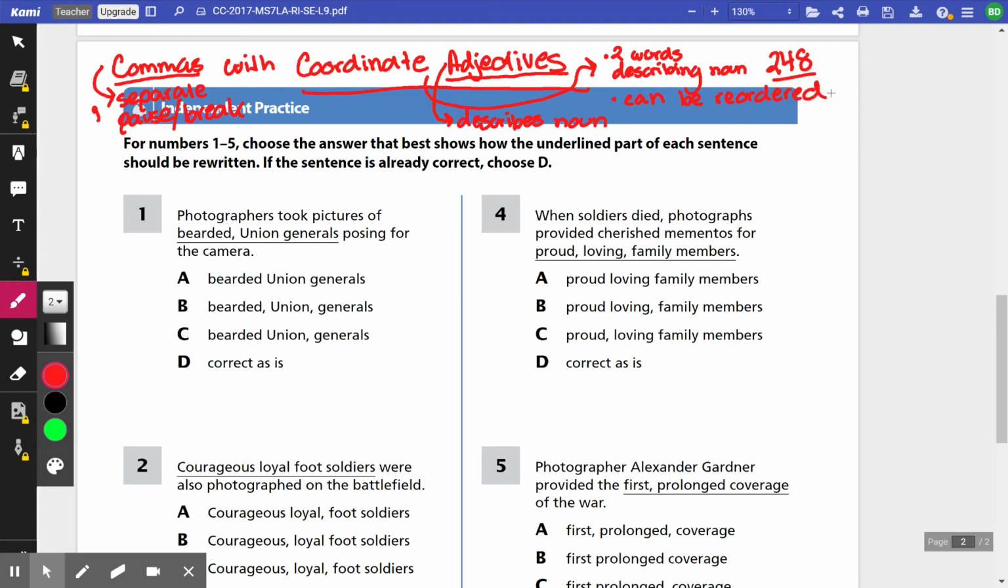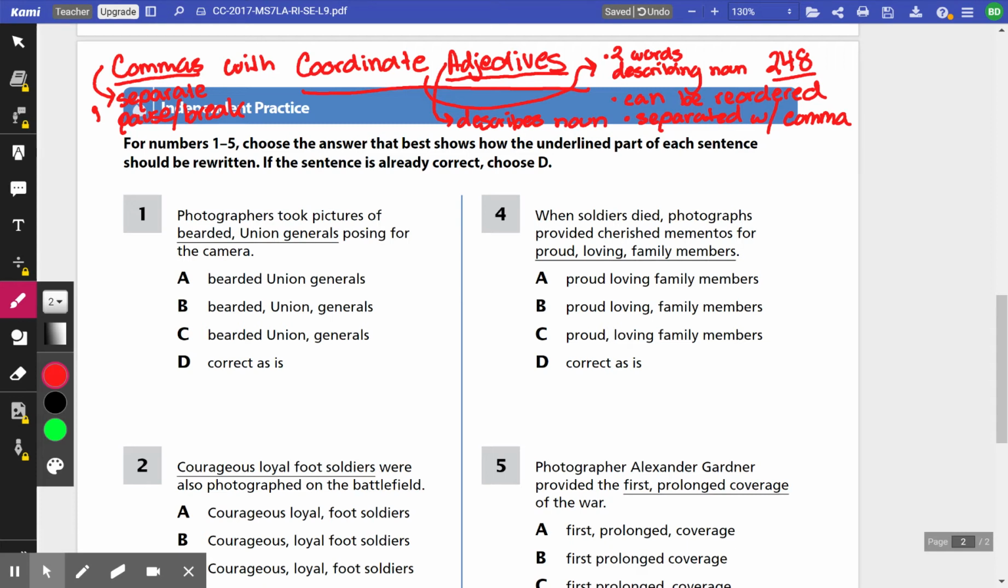So we know we can flip-flop the order of the adjectives and it makes perfect sense whenever you do that. And we know that coordinate adjectives have to be separated by a comma. So you throw a comma in between coordinate adjectives to separate them because they can't be smushed together without that comma.